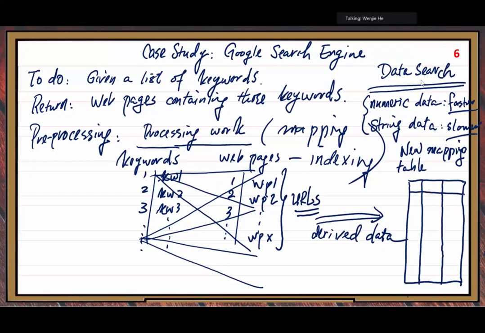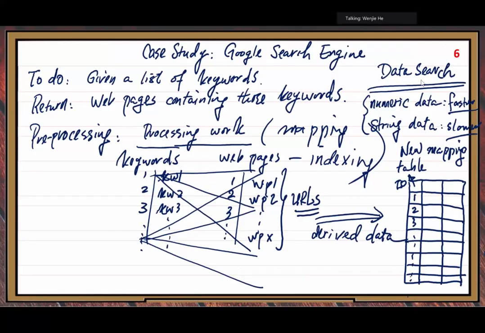The first column, numeric ID. The first column, ID, primary key. 1, 2, 3, and so on. Column number.